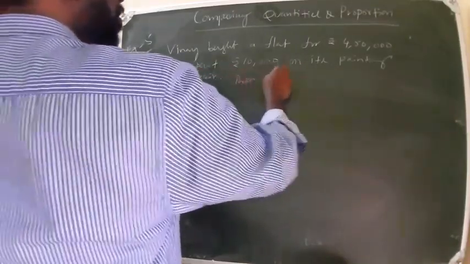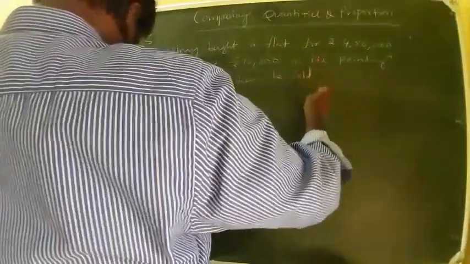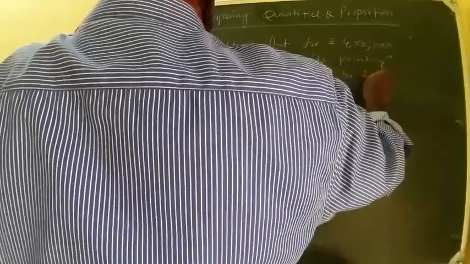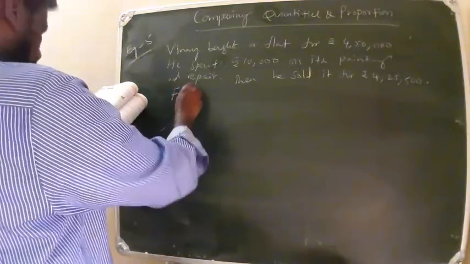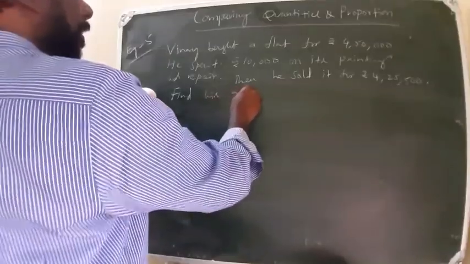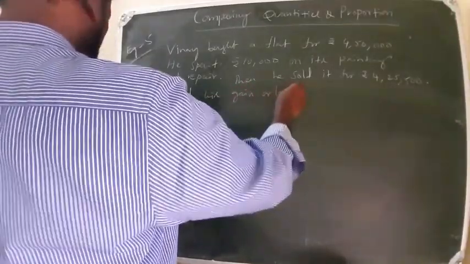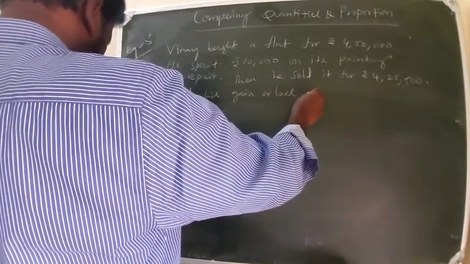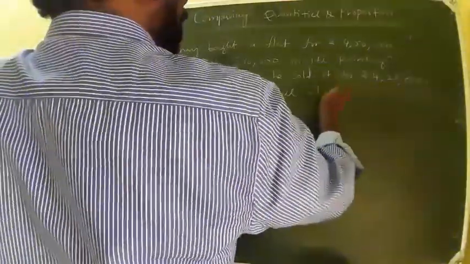Then he sold it for rupees 4,25,500. Find his gain or loss and also its percentage.